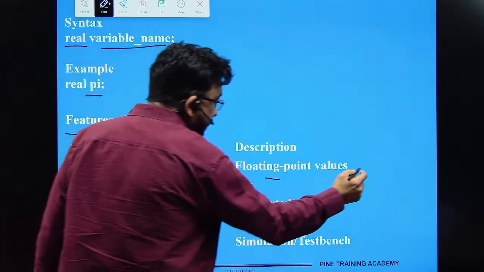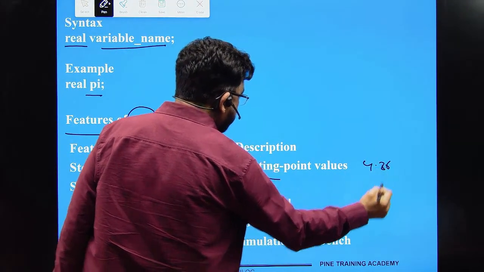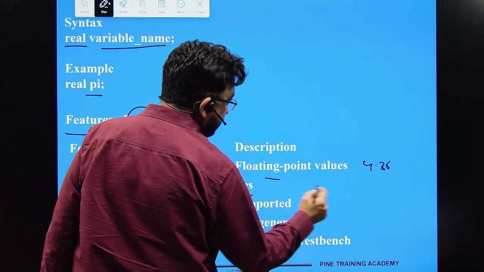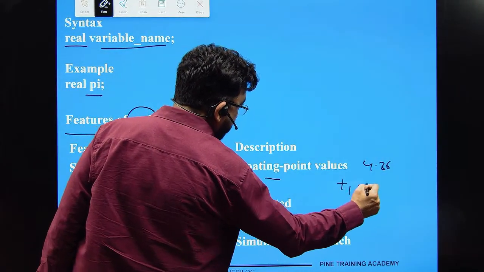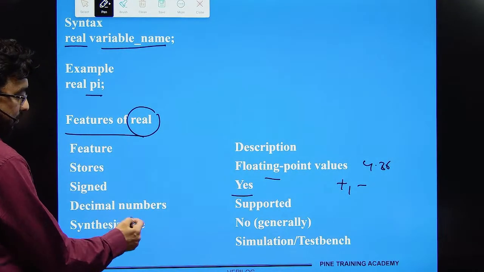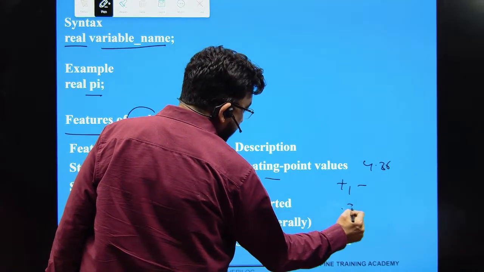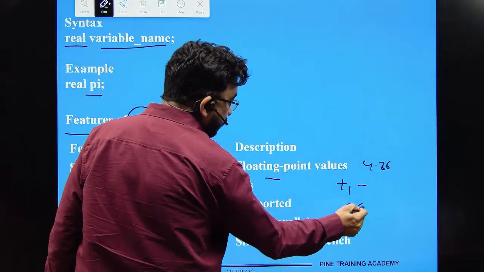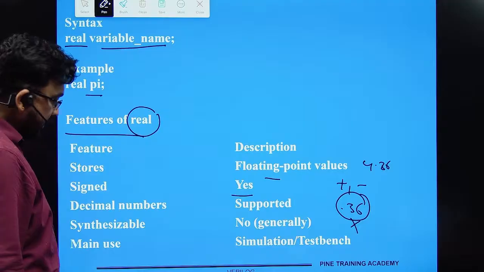Floating point value means something like 4.36. Sign: yes, it operates with both plus and minus. Decimal number supported: yes, like 0.36. Synthesizable: no, because you cannot generate hardware for this 0.36.